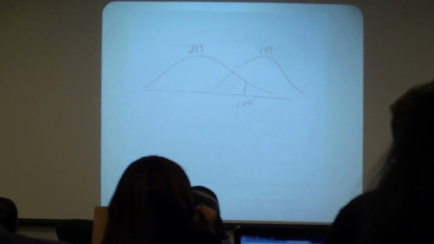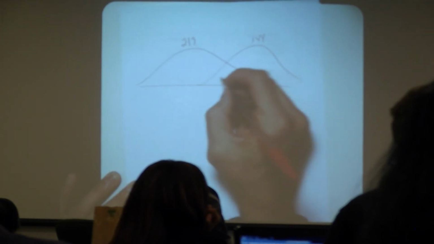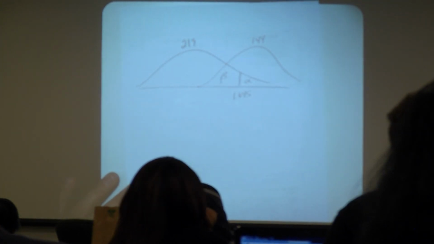So if we're doing it the other way, we're trying to figure out this is alpha and this is beta.